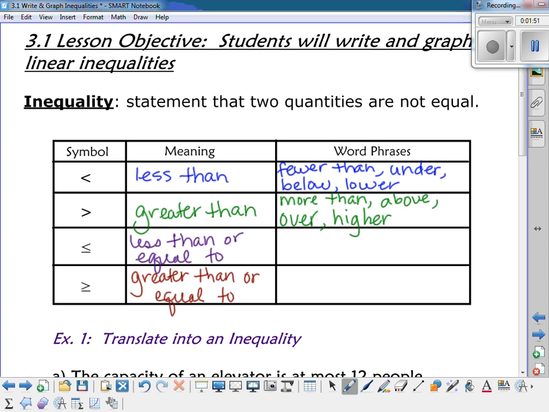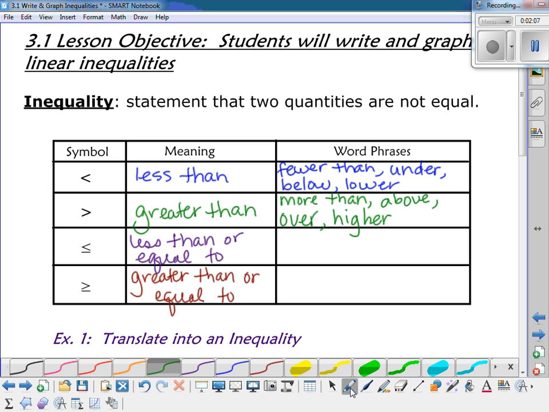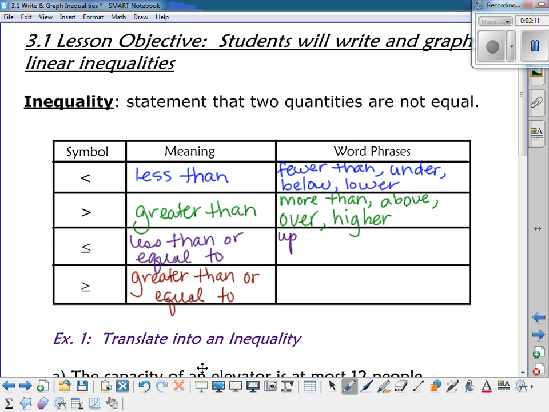Okay, less than or equal to. So for less than or equal to, you want to think about things like, say you've got $20. So you can spend exactly $20, or you could spend less than $20. So the words that you would expect to see in that sort of situation would be up to, like you can spend up to $20. You can spend at most $20.